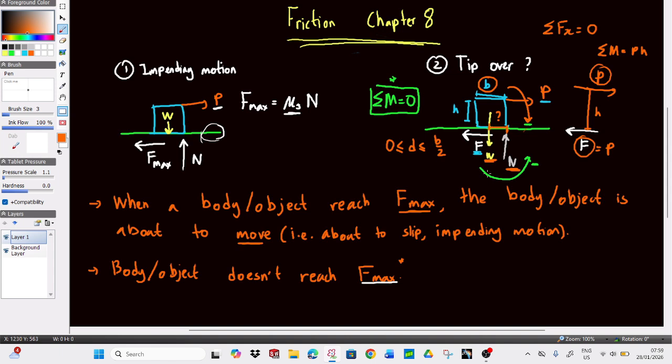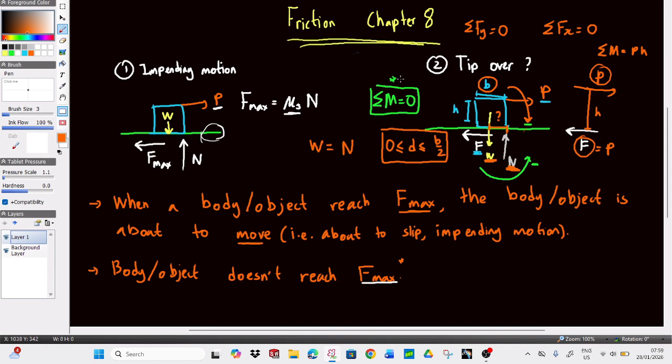If the distance between the normal force and the weight is between 0 and B over 2, you'll be able to create that counterclockwise couple moment. Oh, and I forgot to highlight that W equals N, and I think you already know why: our summation of Fy equals 0. That's why they can create a couple moment, because they are equal forces in different directions. So that's basically the idea.